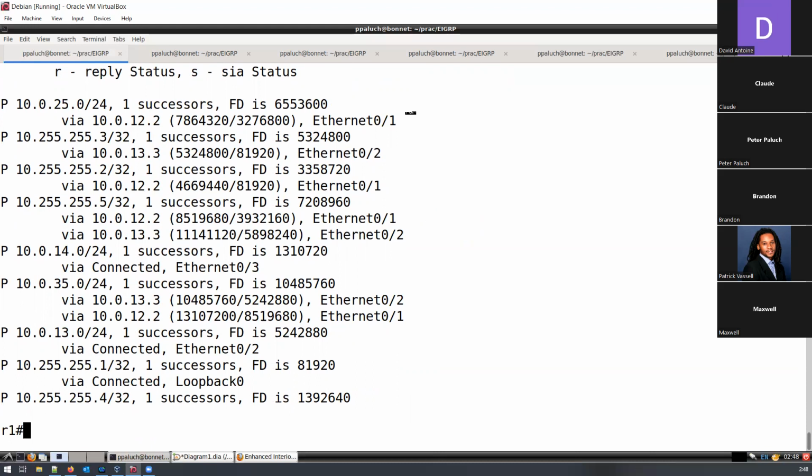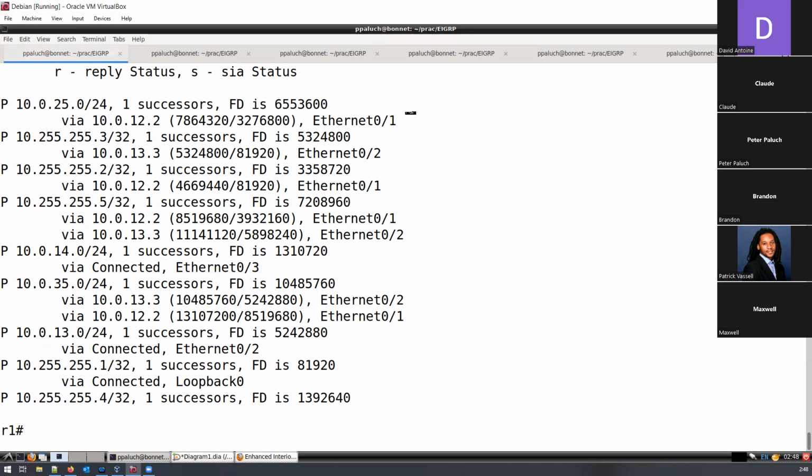This is in EIGRP's full control. It's not something I can trigger just by a command. The terms passive and active refer to EIGRP's activity, whether it needs to do something to find a new route. If a route is passive, EIGRP is happy with it because it doesn't need to search for a new path.